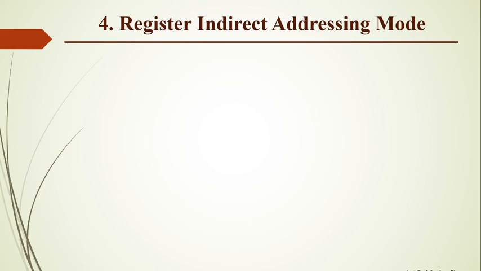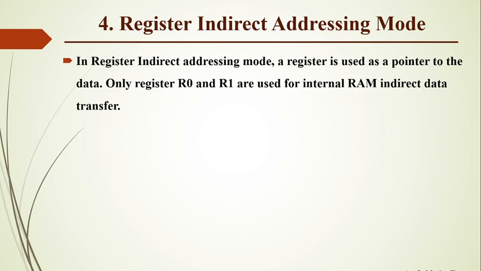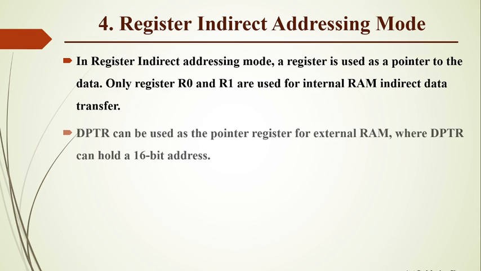Fourth addressing mode is register indirect addressing mode. In a register indirect addressing mode, a register is used as a pointer to the data. Only registers R0 and R1 are used for internal RAM indirect data transfer. So remember, only registers R0 and R1 are used as pointers.